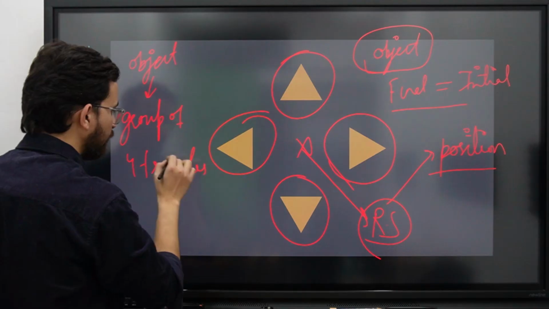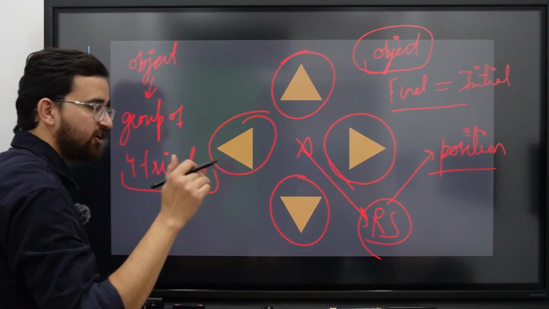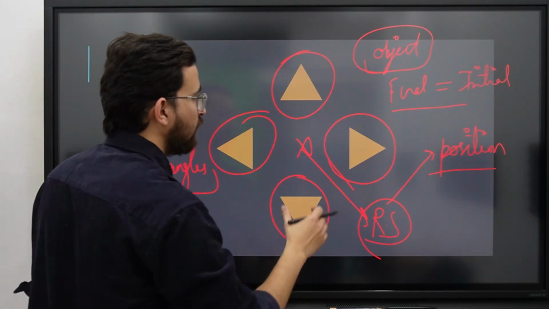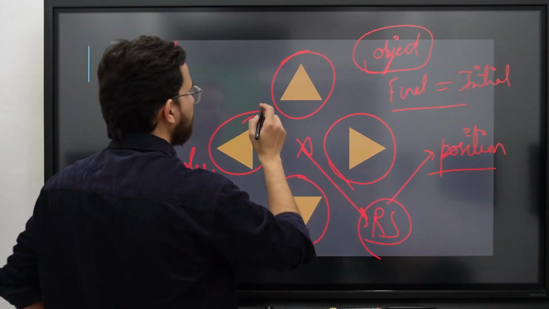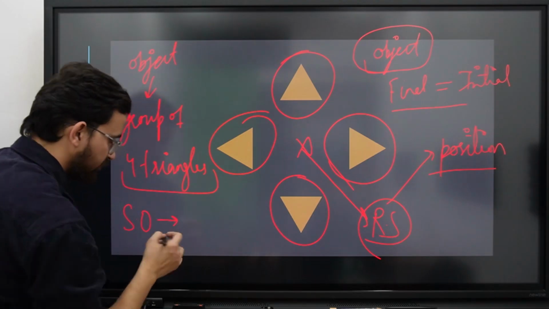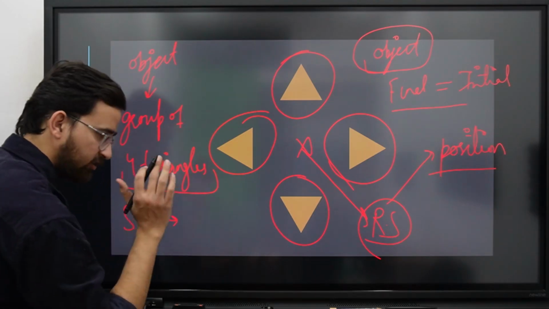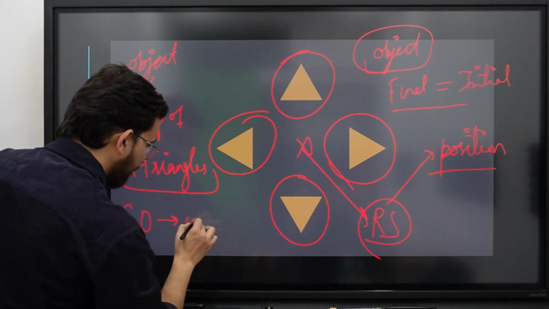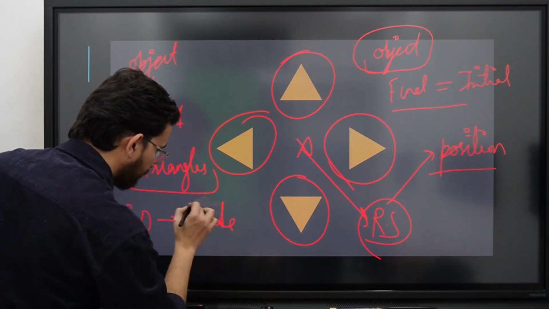Why is it a group of 4 triangles? Because generally speaking in crystallography, whenever we talk about any symmetry, the symmetry operation should be inside the object.